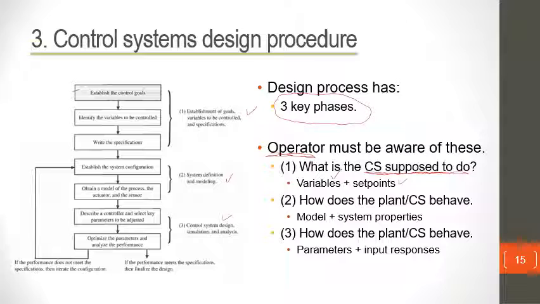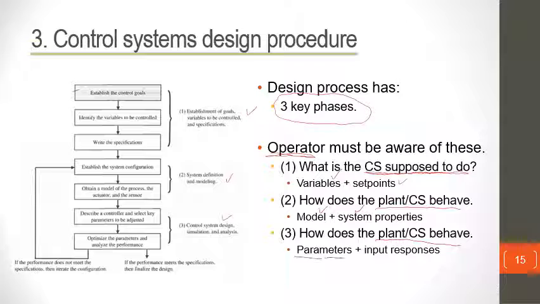The second issue is the definition of the system and the model. We need to understand what the structure of the plant is. What is the type of the model? What are the system properties? Is it linear? Is it non-linear? How does it behave? We need to understand that. What is the structure of the system? The other objective is how the control system of the plant behaves.